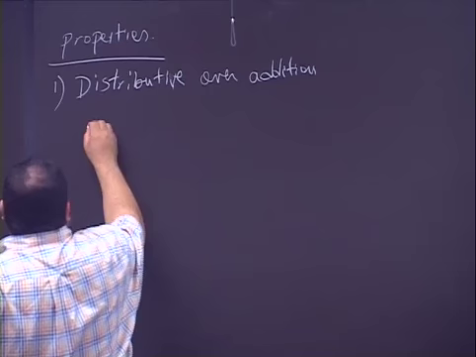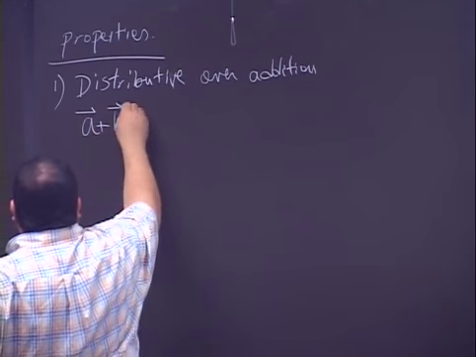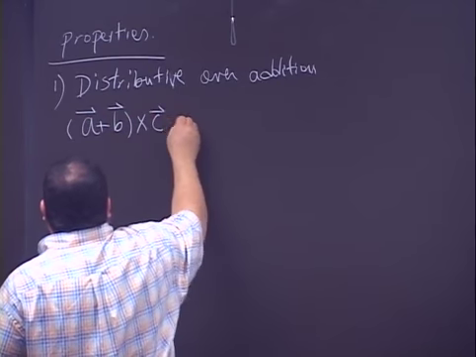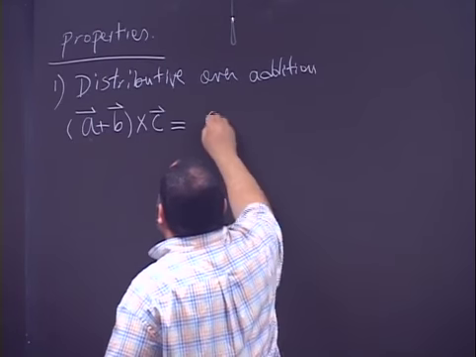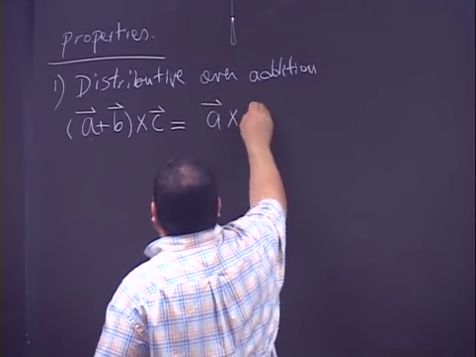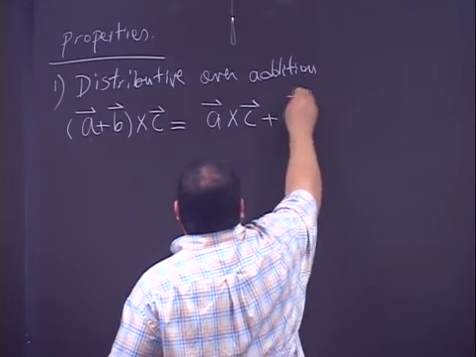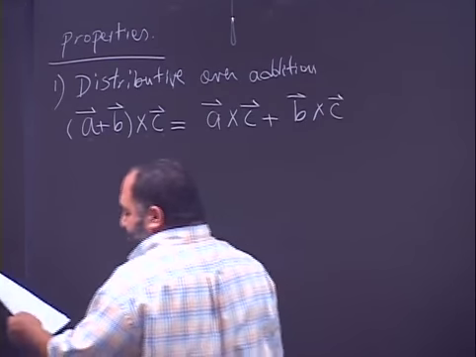It means that if you have a vector A plus vector B, and then you cross them with a vector C, this will give you A crossed with vector C plus B crossed with vector C. So this is the distributive property.